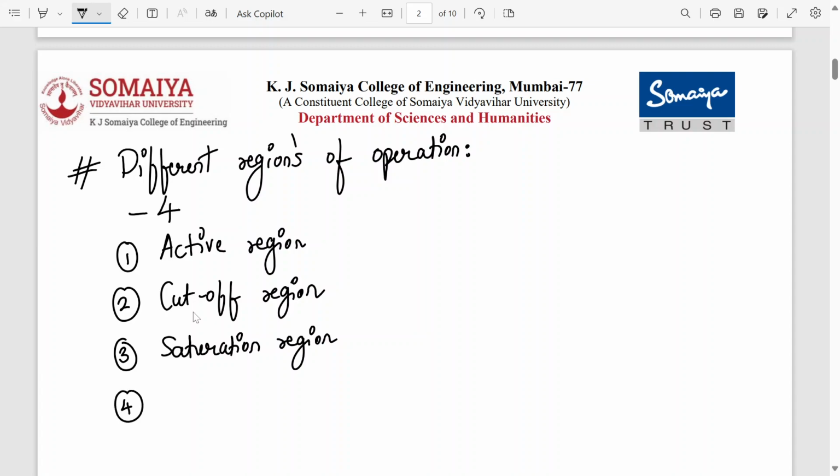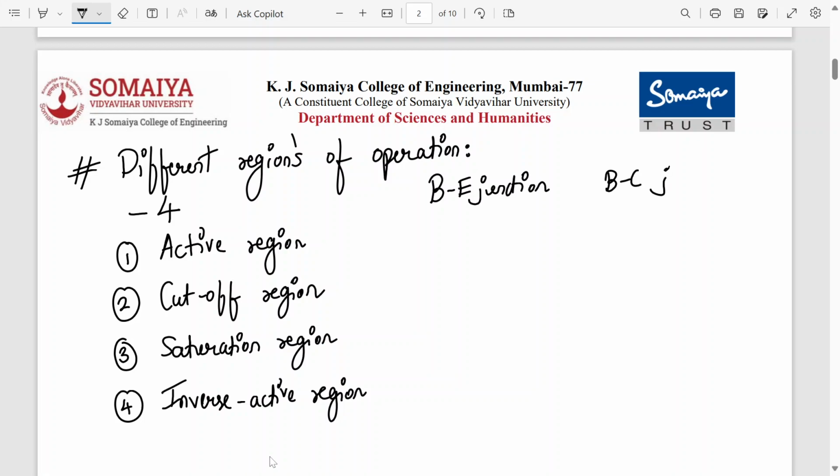Then we have reverse active or inverse active, which is not so useful. All these can be distinguished on the basis of the base emitter junction status and base collector junction status. Based on these two junctions, we can classify into 4 regions of operation.